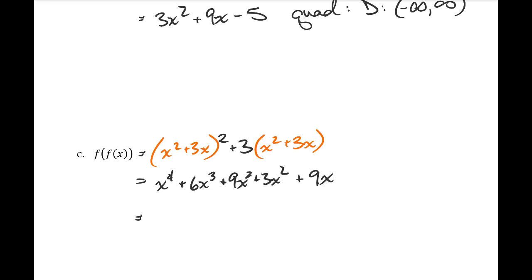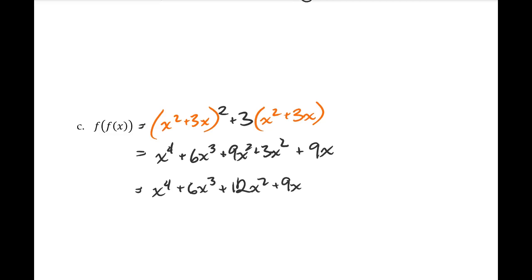So I can simplify this to be x to the 4 plus 6x cubed plus 12x squared plus 9x. Now this is a much more intense equation. This is what we're going to be working with when we start working with polynomials.